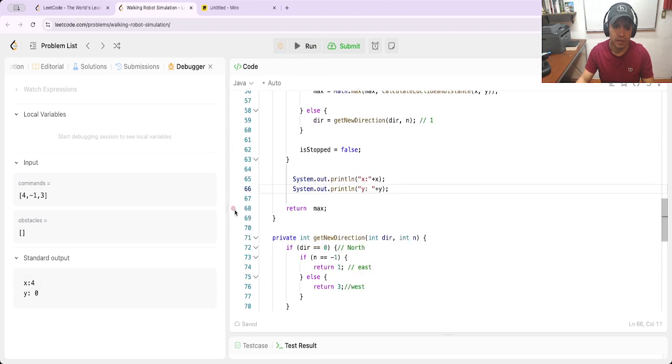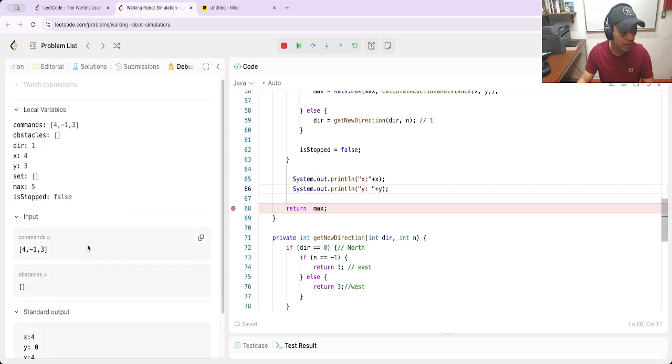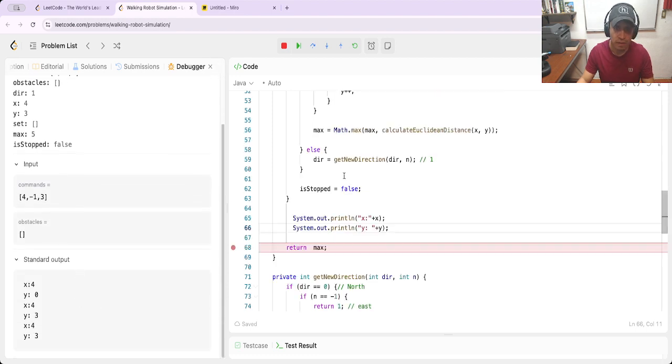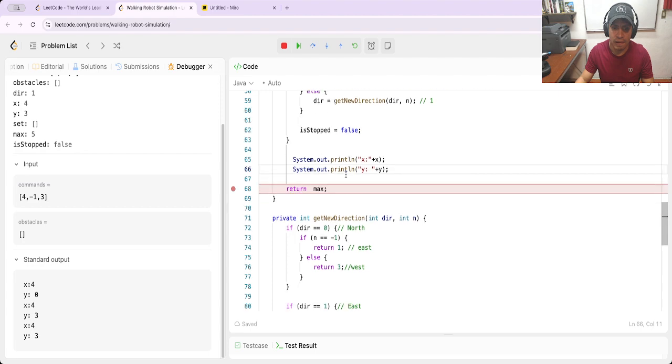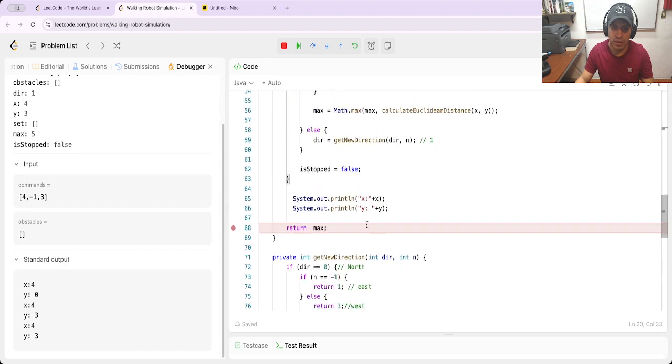The last position that this point reaches is, what is for the command, is basically this.